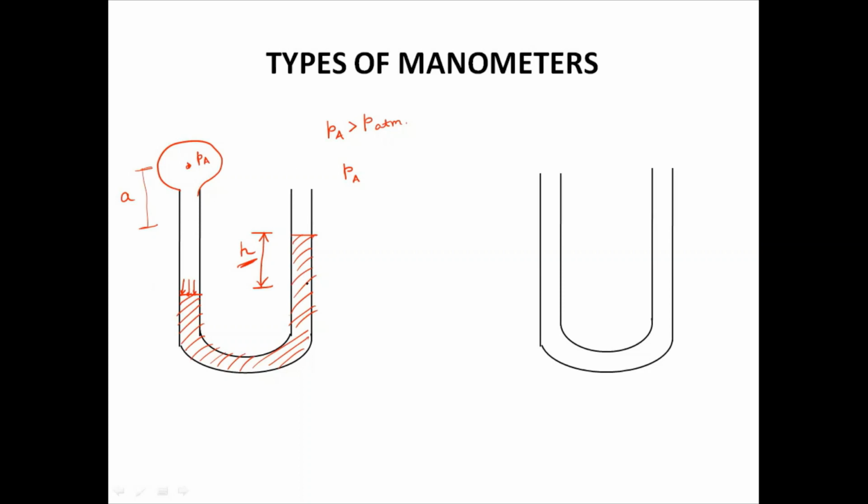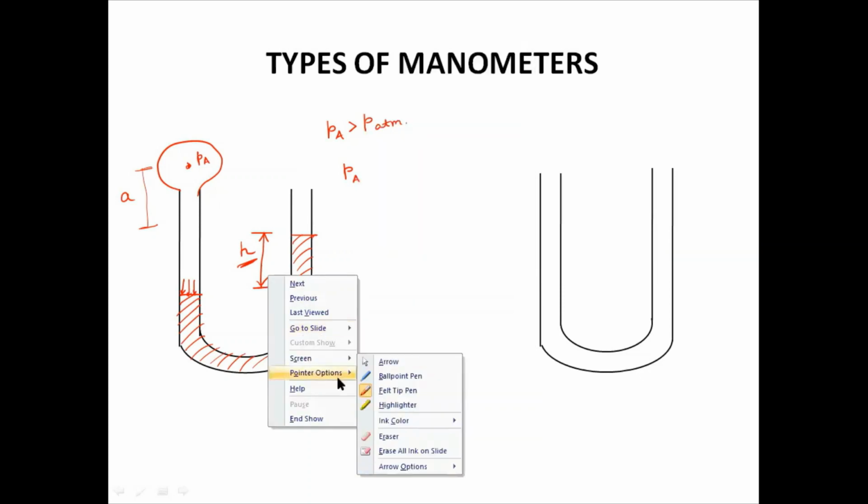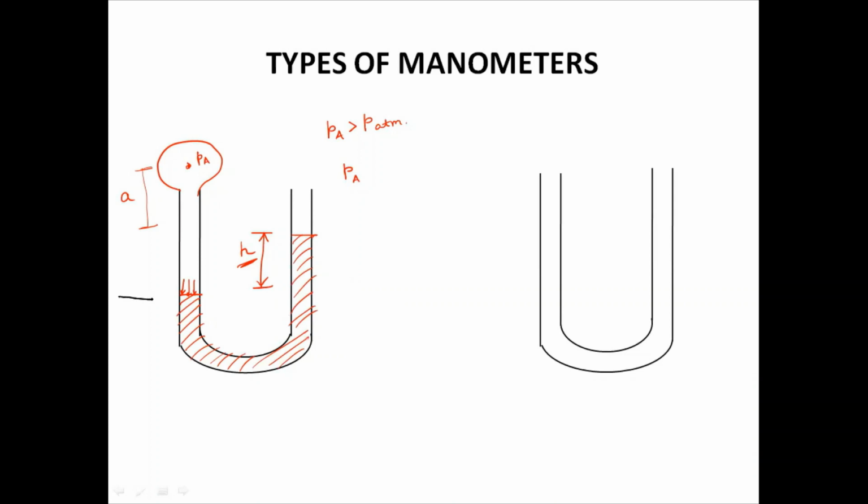First of all, in such a situation, you have to choose one reference line. This line is the reference line, the horizontal line X dash. About the reference line, whatever pressure is at one side is also the same pressure at the other. How is it the same pressure?